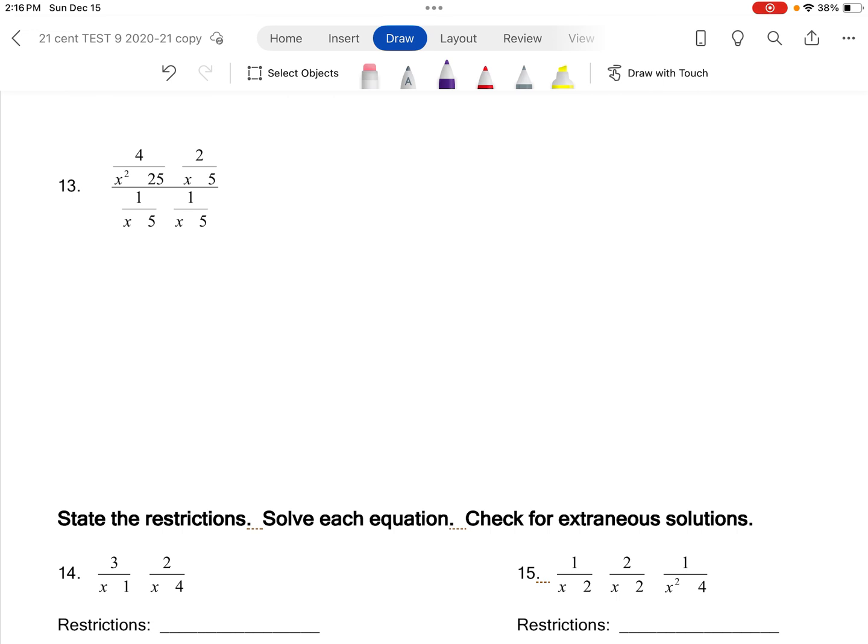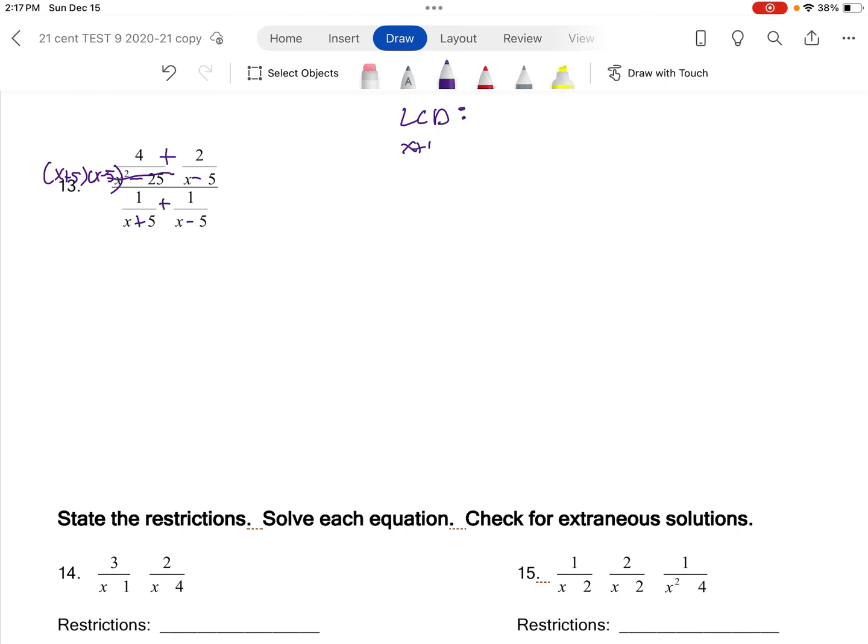All right, the next one is a complex fraction. When we have complex fractions, we are going to find the LCD of every single denominator. So the LCD, well, this first one can be factored into x plus 5 and x minus 5.